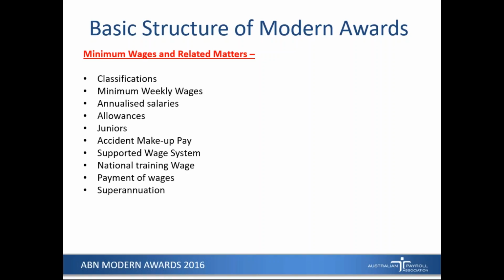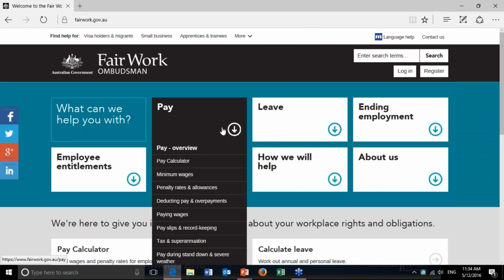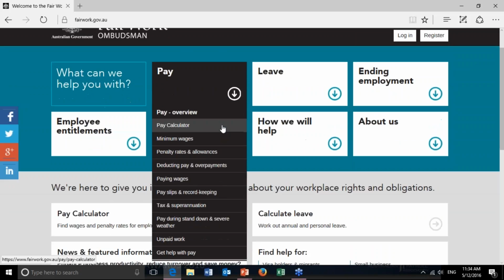So this person was told that they were going to be on an annualised salary, and the Clerk's Award certainly provides for an annualised salary. However, if you have a look at the Clerk's Award, you can find a lot of this stuff in here for the more common industries.